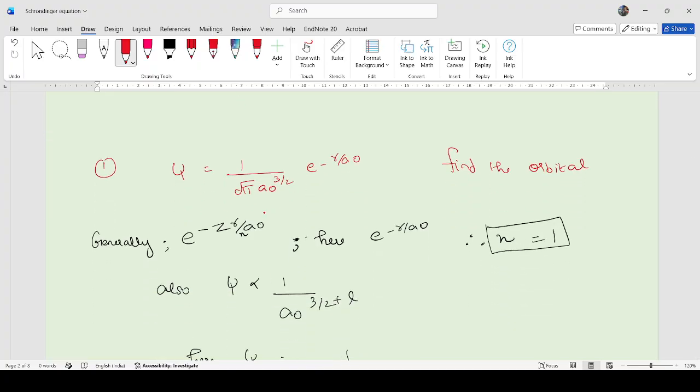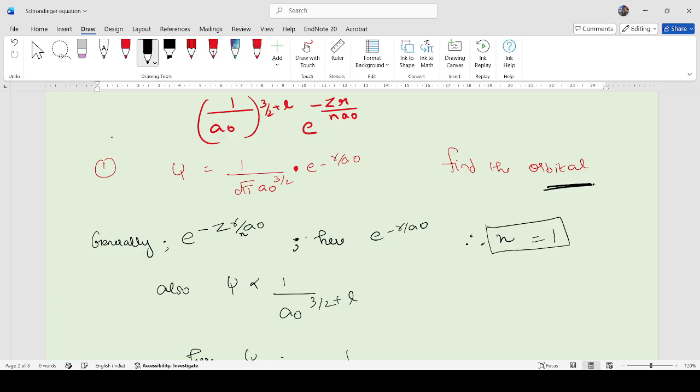Here psi is equal to 1 by root pi, a naught power 3 by 2, into e power minus r by a naught. I told you any Schrodinger will have e power minus Zr by n a naught. I also told you it will have 1 by a naught power 3 by 2 plus L. Correct? So let us look at the values here.